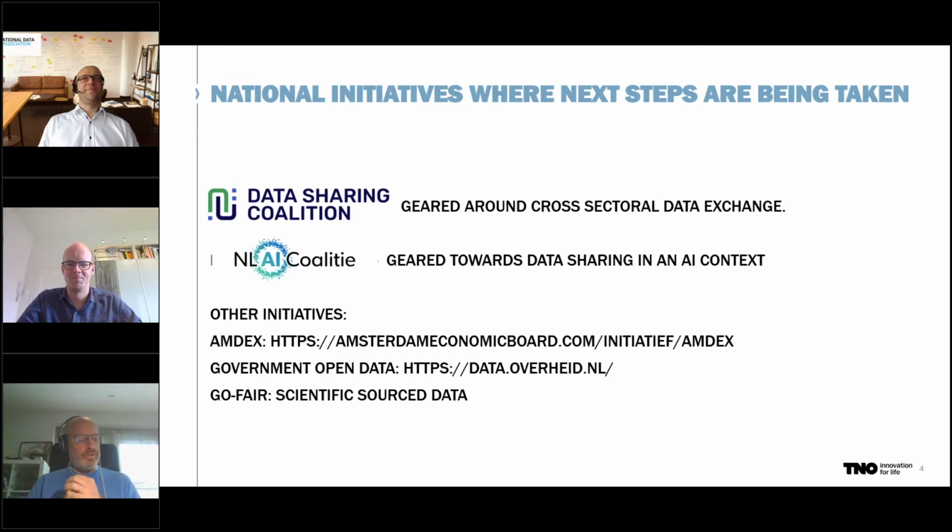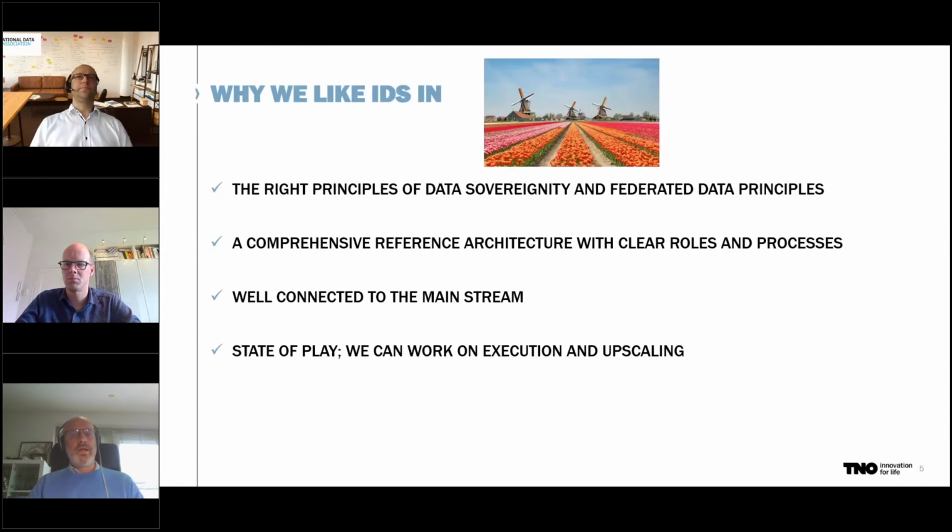There's roughly 14,000 data systems that you can access, and they also supply support in getting access to data. And then GoFair, and this is also a European thing, scientific source data, there's a lot of traction in the Netherlands on that level as well. So there's quite a bit going on, I would say, and there's a lot of interest in the Netherlands.